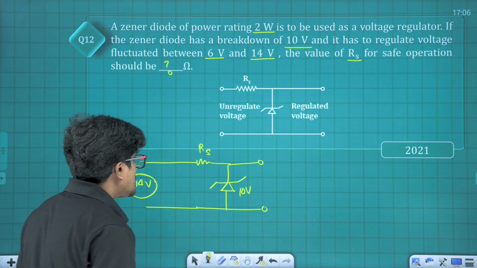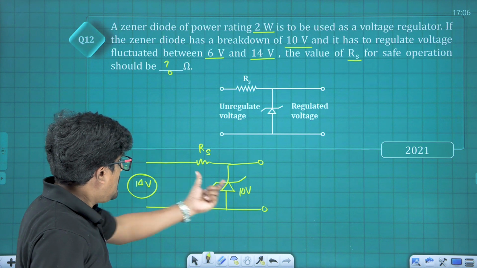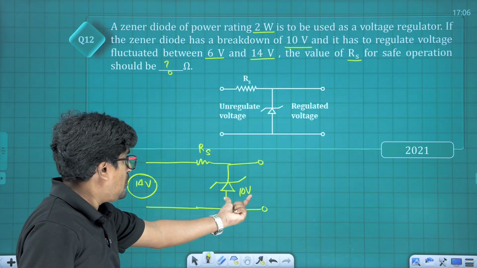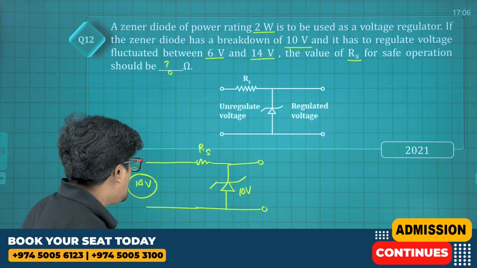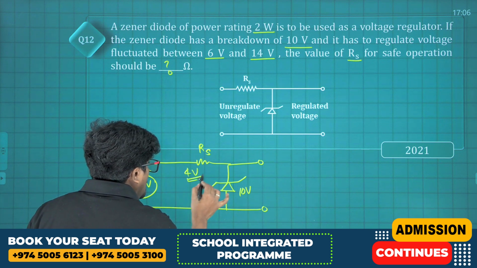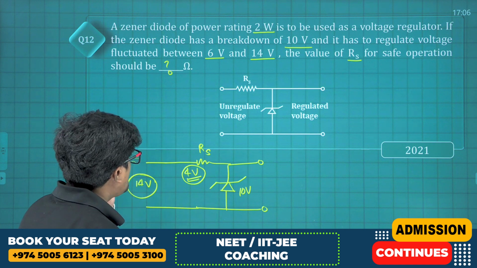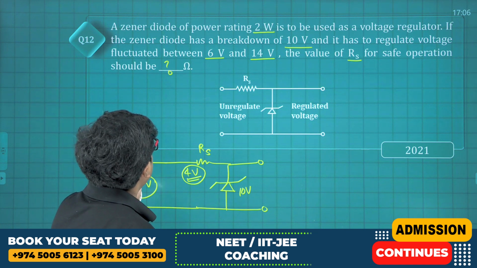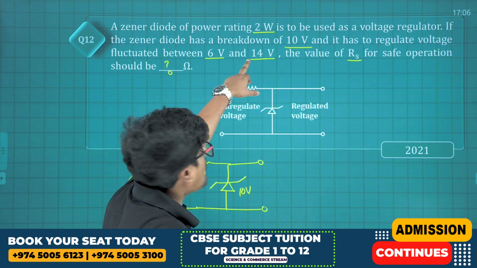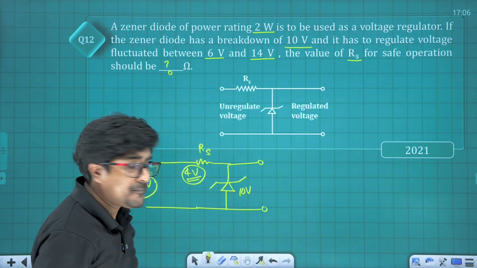So have a look. Here I have 14 volt. Maximum we can have 10 volt here. So the leftover is 4, so we are expecting 4 volt across Rs. Now you must understand the power rating of this Zener diode is 2 watt.